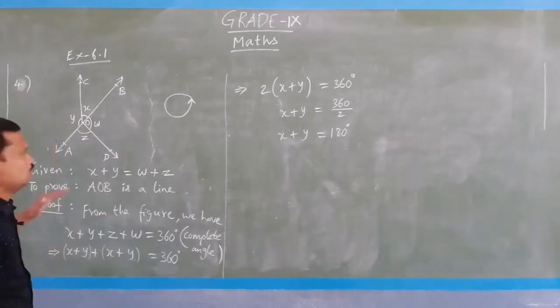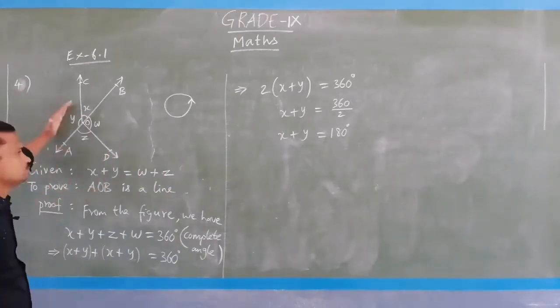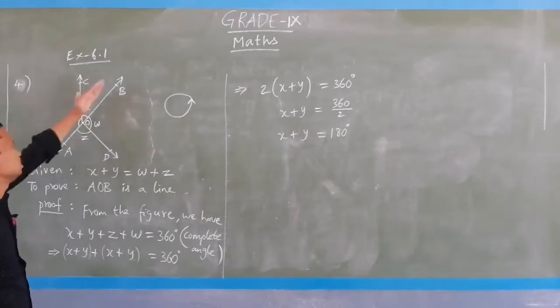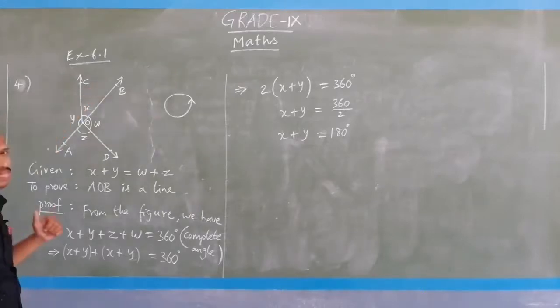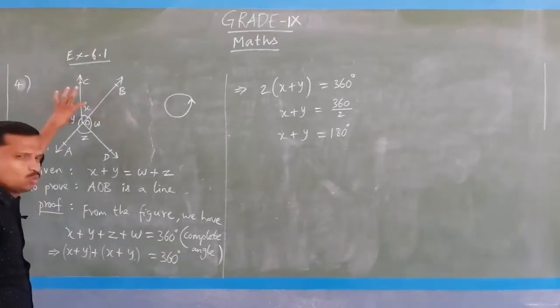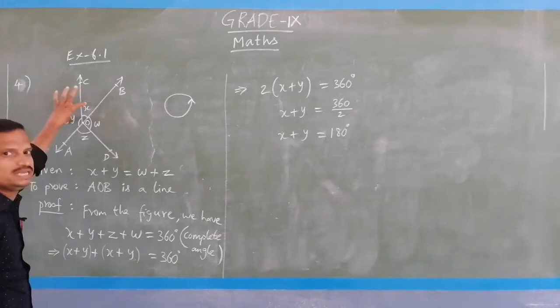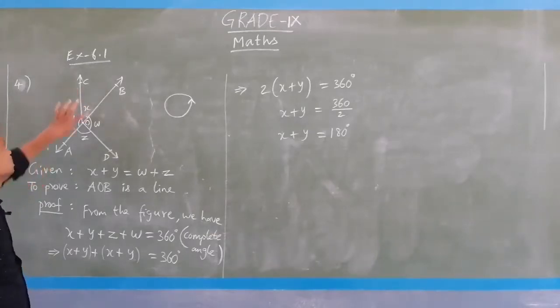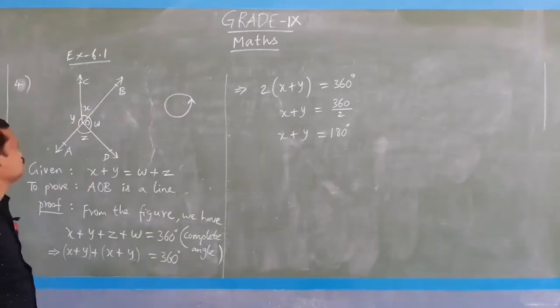You see, in the figure x and y are the two angles, a pair of angles which is on this line, that is AB. But since the sum of x and y is 180, they form a linear pair. Yes or no? Because they are adjacent angles, they form a linear pair. So the linear pair of angles is nothing but we get from the line only.